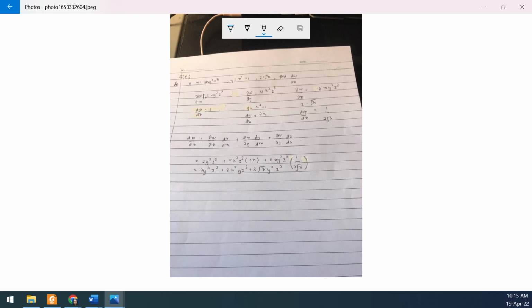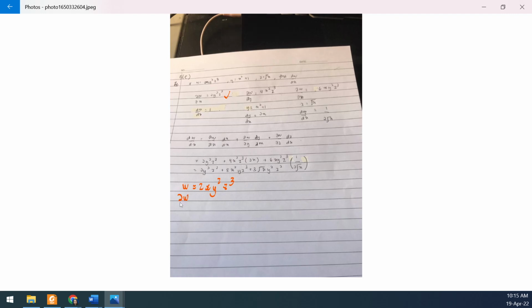Okay, from w you find ∂w/∂x. 2y squared z cubed is constant, so you get this one. Correct. Okay, ∂w/∂y: 4xy, ∂w/∂y, wrong. You see, w is 2xy squared z cubed.